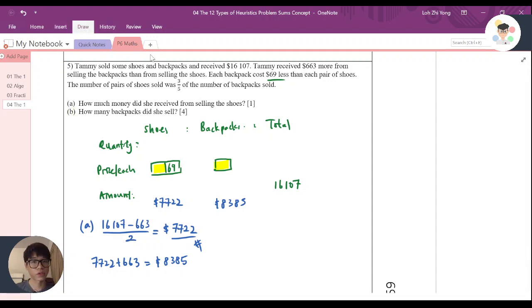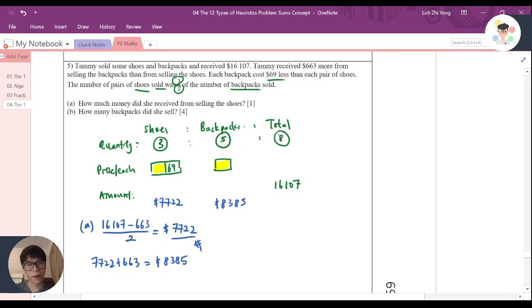Now let's continue to read here. It says that the number of pairs of shoes sold was 3 out of 5 of the number of backpacks sold. So I know that the ratio here is 3 to the ratio of here 5. So 3 units here, 5 here, and total is 8 units.